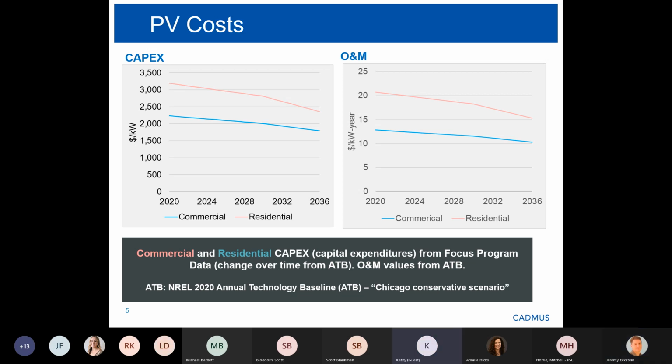Yeah, it's Kathy. Given what Scott B said about costs of systems based on size, I'm wondering if it wouldn't be prudent to go back to those focused costs and look at a weighted average versus a straight-up average, to make sure that the cost in the primary scenario is a little closer to market realities. I appreciate that there can be alternative scenarios, but those end up at the back of the report and aren't the headline.